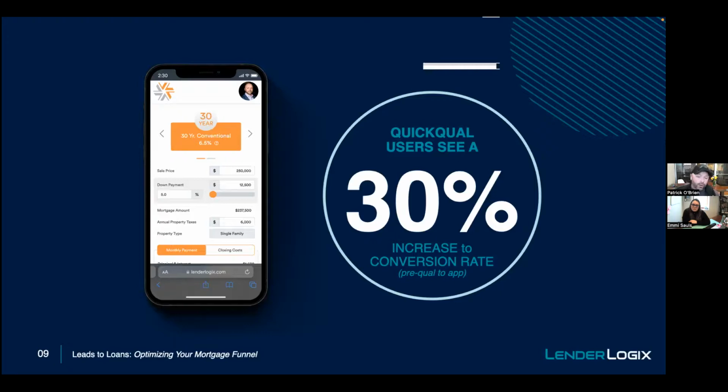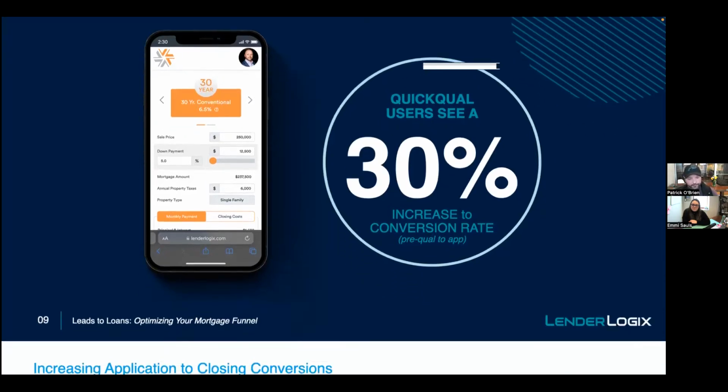So when you can keep a buyer in your ecosystem and answer those questions using technology that you provide that buyer, it really changes the game, and you'll see an instantaneous increase in those conversion rates.